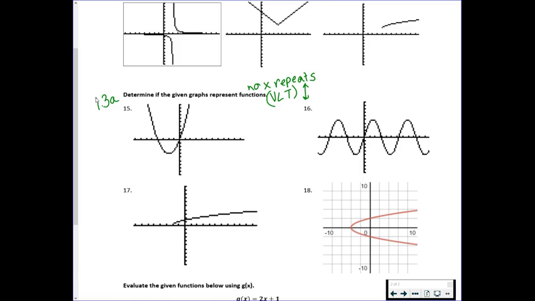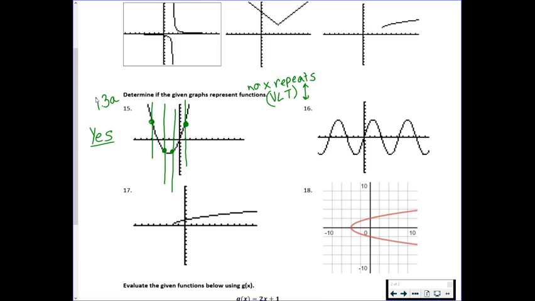And since these are all graphs, the vertical line test is going to be the easiest thing to use. So if I draw vertical lines, you can see it's crossing once there, once there, once there, and once there. So each time it's only crossing once, which means no x repeats. So yes, this is a function.